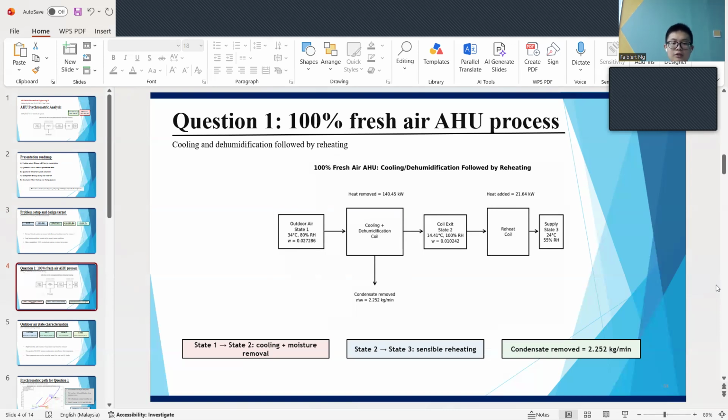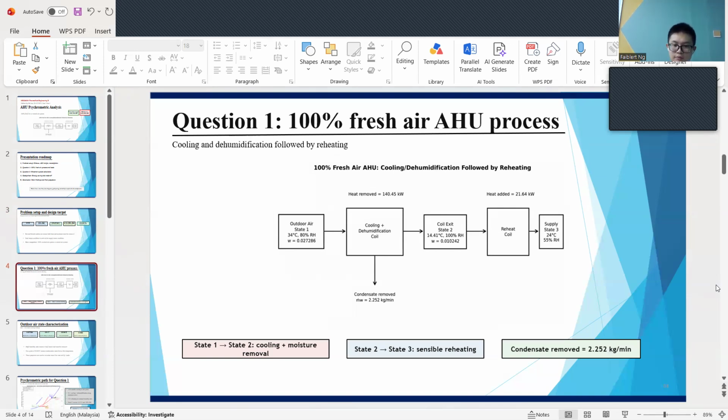In my analysis, stage 2 is 14.41 Celsius and 100% relative humidity, and the air passes through the reheat coil. The purpose of reheating is to increase the air temperature to the comfort condition without changing the humidity ratio. Finally, stage 3 is 24 Celsius and 55% relative humidity. This system's condensate removal is 2.252 kg per second.